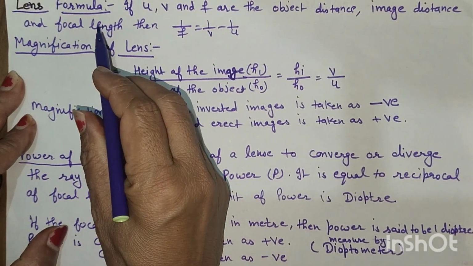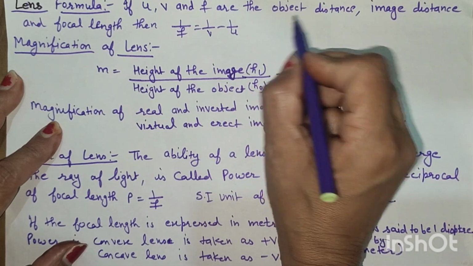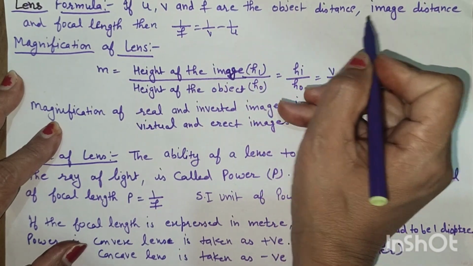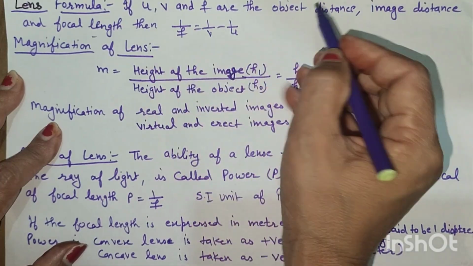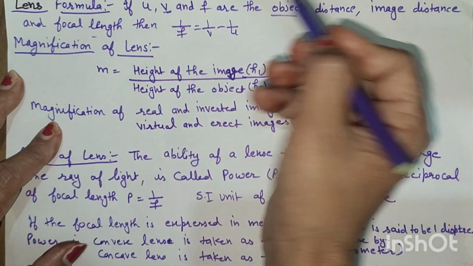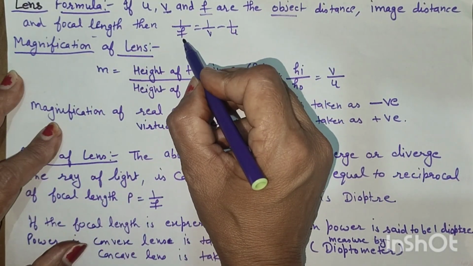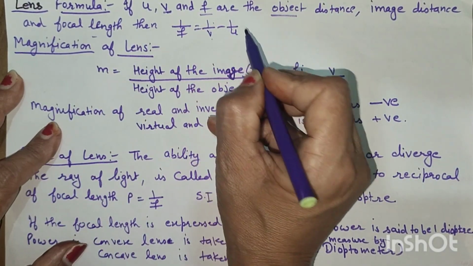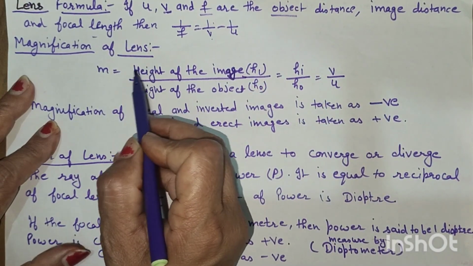Lens formula. If u, v and f are the object distance, image distance and focal length, then the lens formula is 1/f = 1/v - 1/u. Now what is the magnification of a lens?